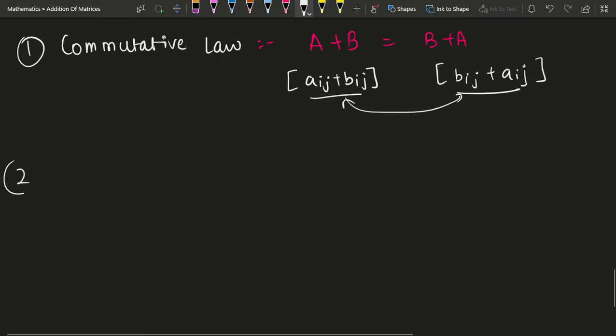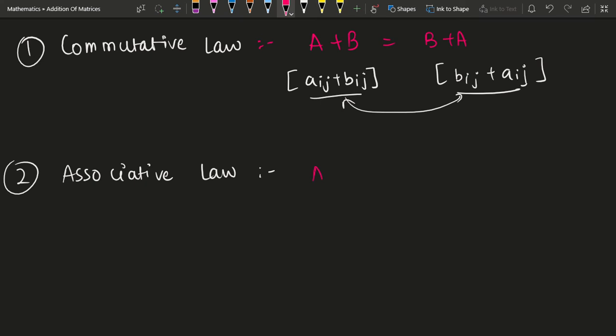Let's say you want to talk about the associativity or the associative law of matrix addition, and what it says is it doesn't matter in which order you perform the operation.